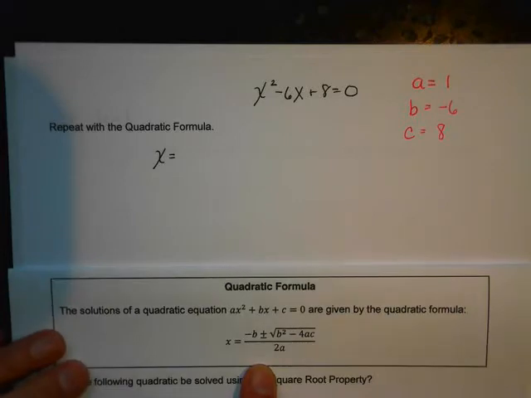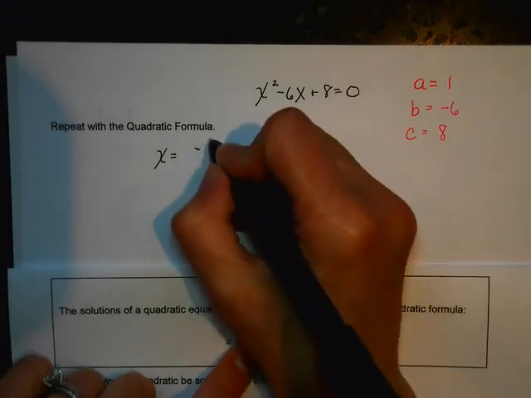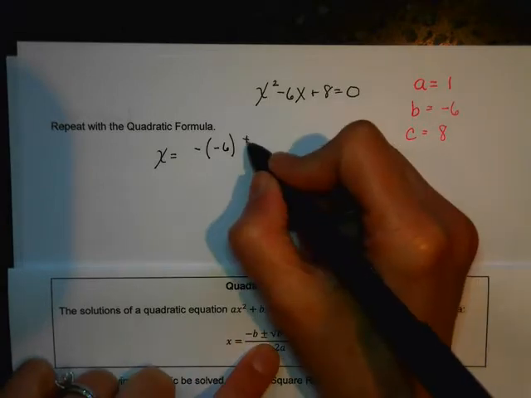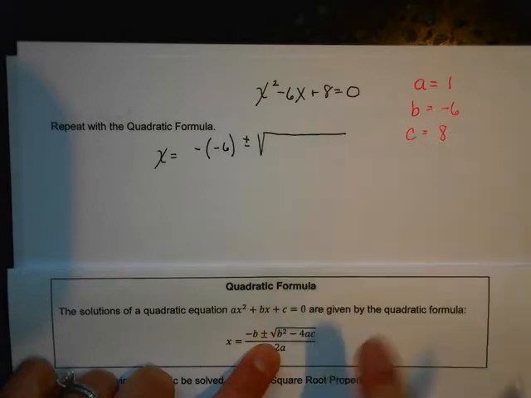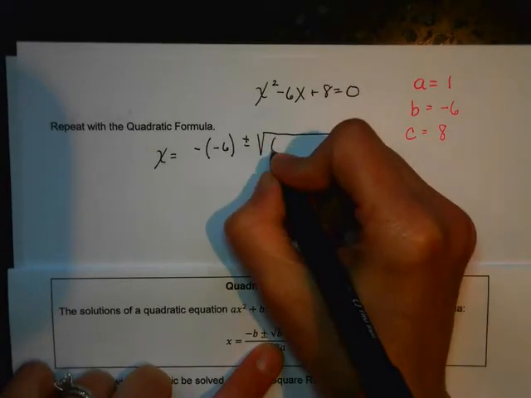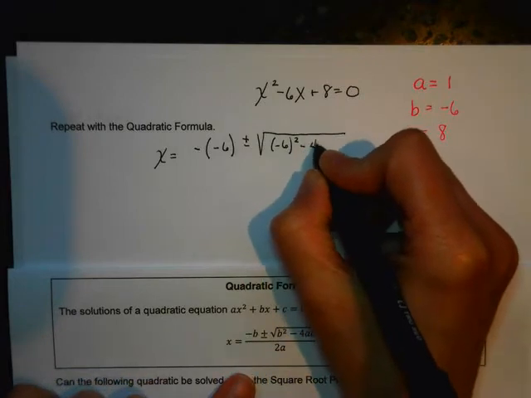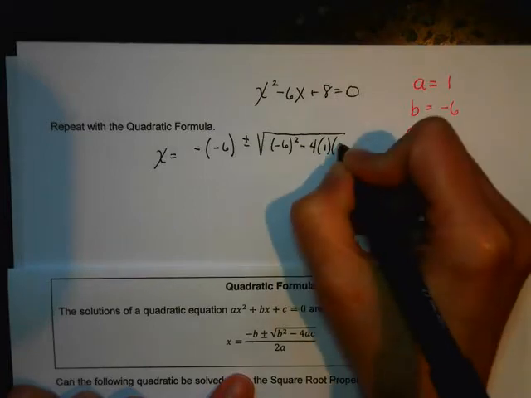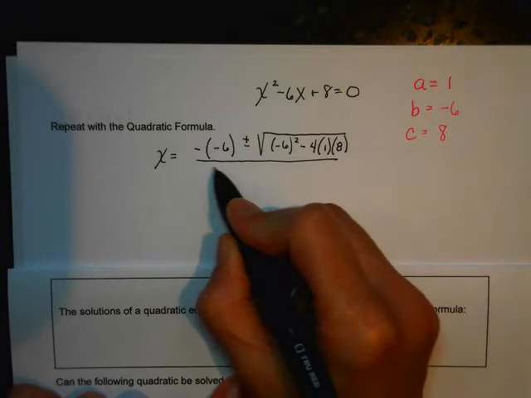So let's see, b is negative 6, so it's negative b plus or minus the square root of b squared minus 4 times a times c, the whole thing, make sure you extend that whole line, all over 2a.